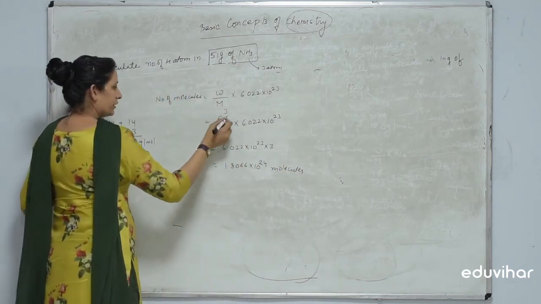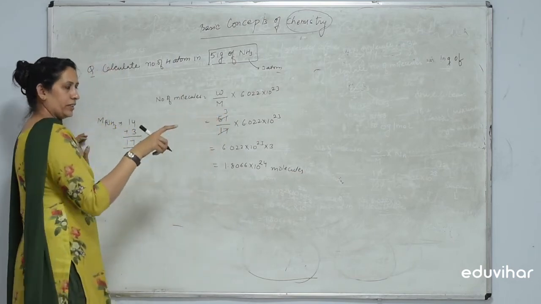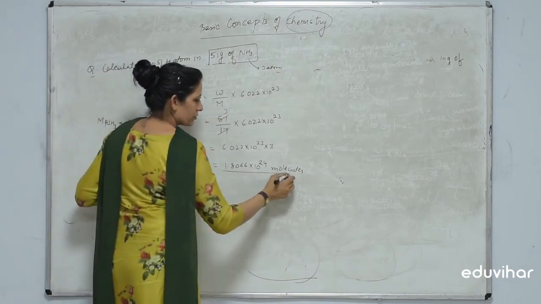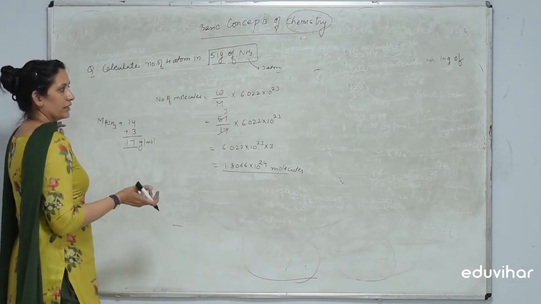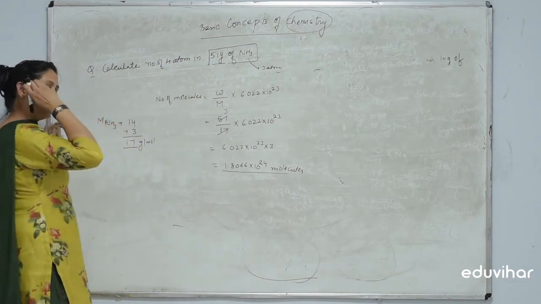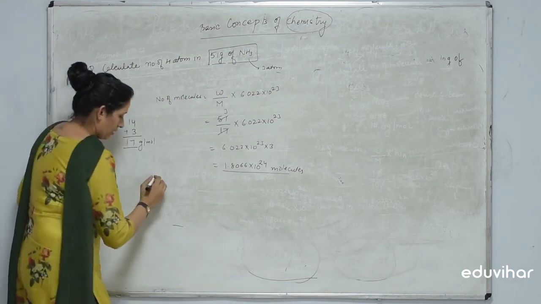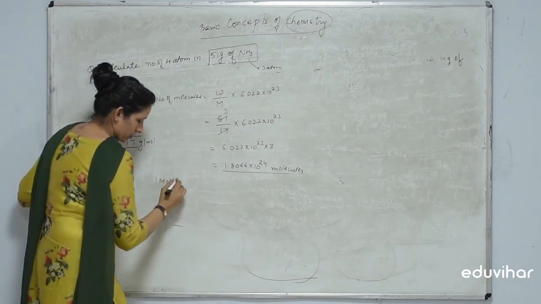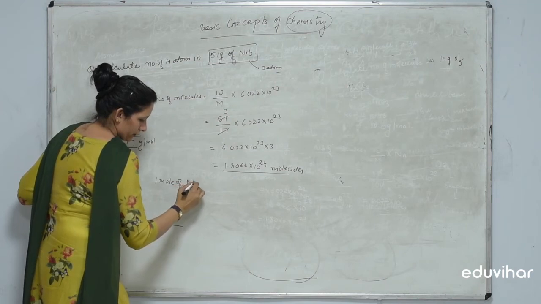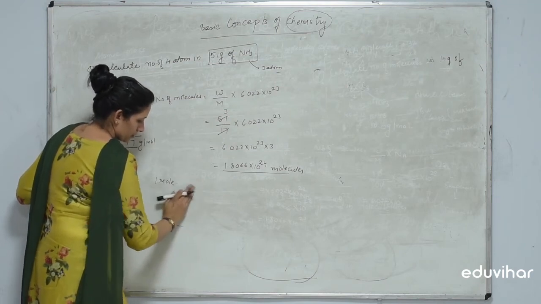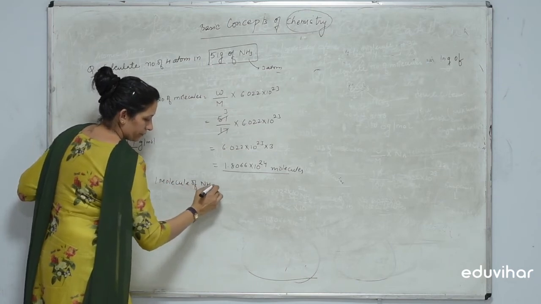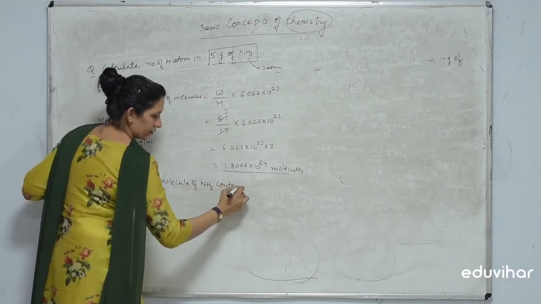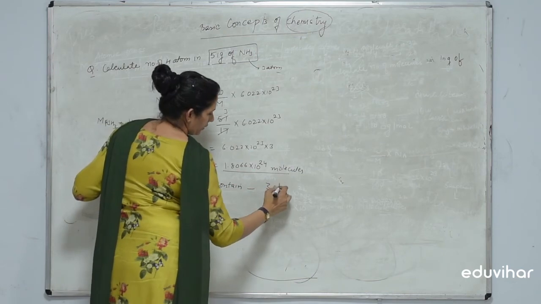If 51 gram of ammonia contains this many molecules, then how many atoms of hydrogen are present? One molecule of ammonia contains 3 atoms of hydrogen.